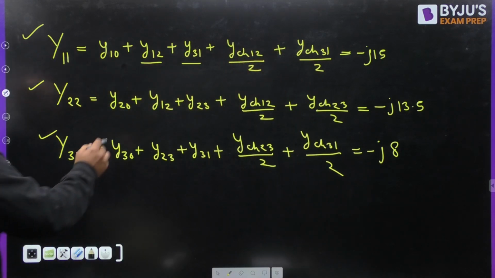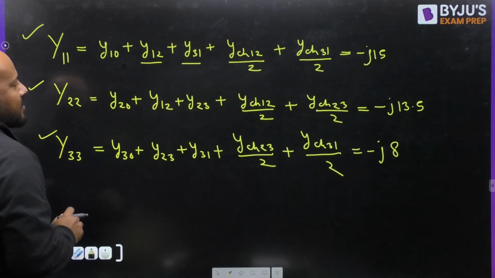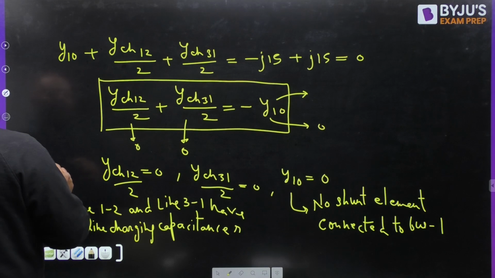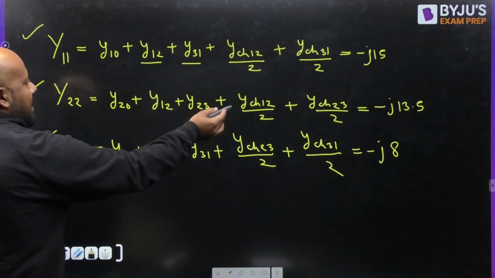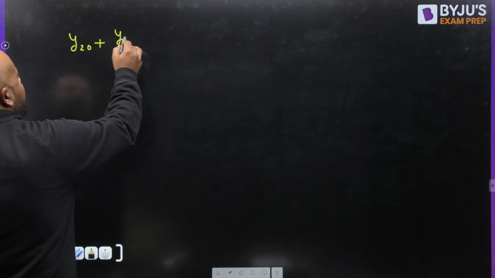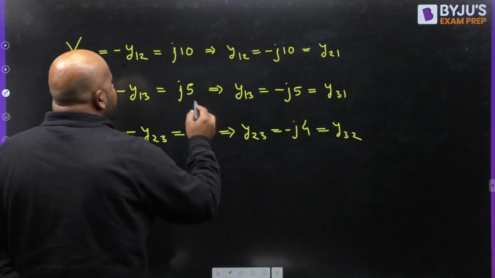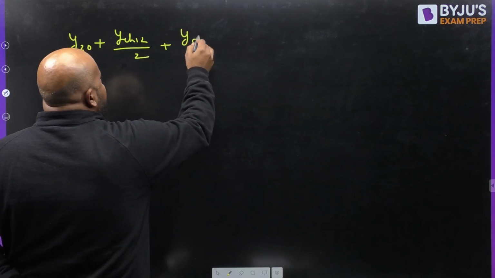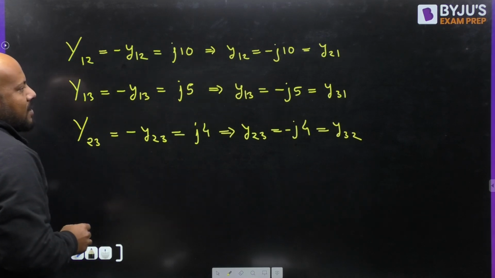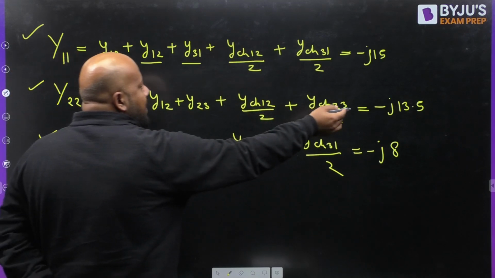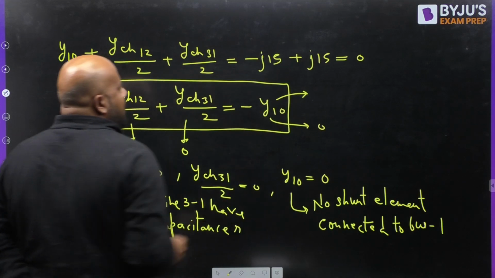Now let me write for the second equation. Second equation, this is unknown, y20 is unknown, y charging this is unknown, and y12, y23 you know. So you can write y20 plus y charging 12 by 2 plus y charging 23 by 2 is equal to how much? It is mentioned minus j13.5.